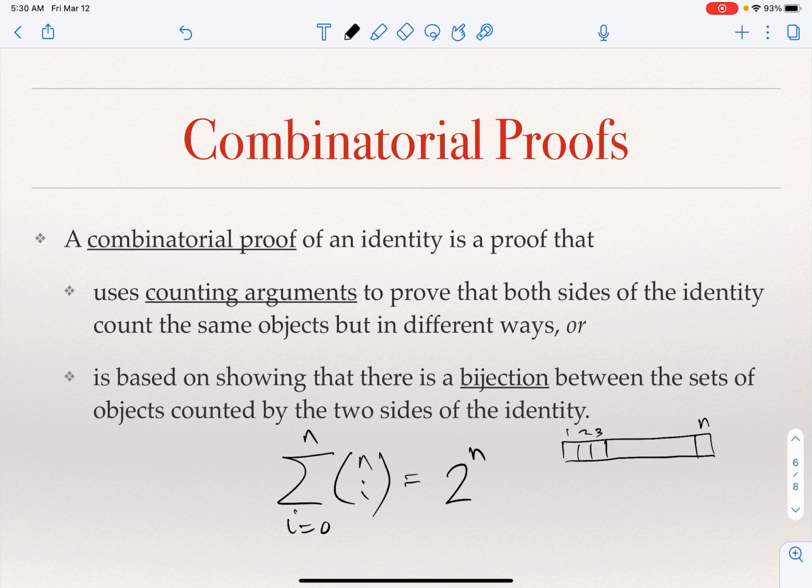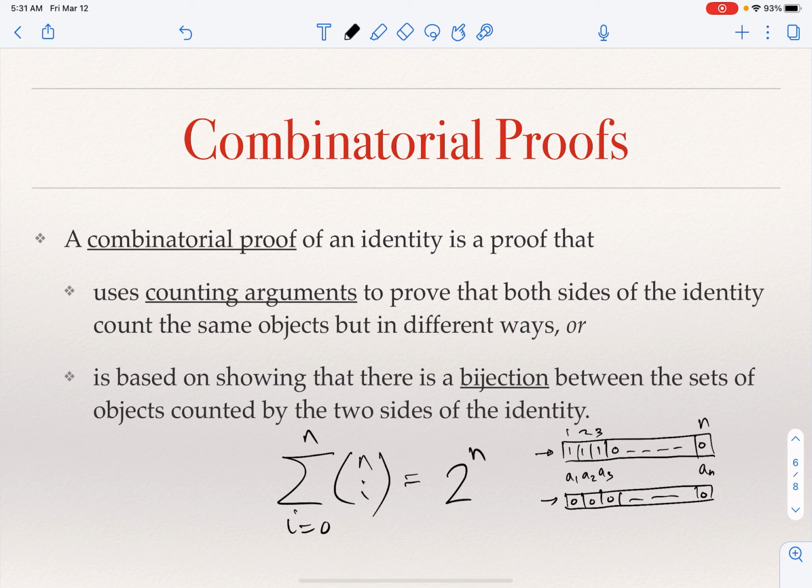And I will put 0 in an entry if I'm not taking the element from the set. So suppose our set is A1, A2, A3, all the way to AN, and I am interested in looking at all the subsets of this set. I can look at this binary vector. If you want to take a subset that has only A1, A2, A3, you put 1, 1, 1 here, and the rest are zeros. If you want to take the empty subset, you can put 0 in all places, right?